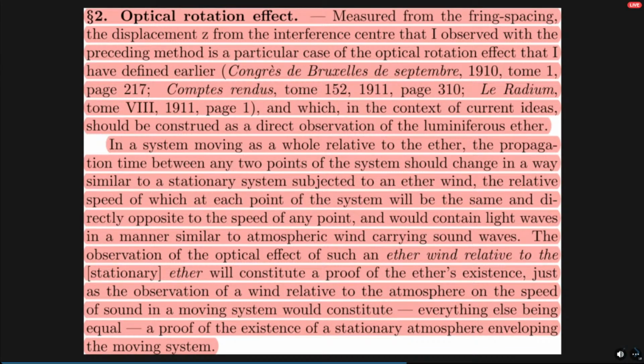The observation of the optical effect of such an ether wind relative to the stationary ether would constitute a proof of the ether's existence, just as the observation of wind relative to the atmosphere on the speed of sound in a moving system would constitute, everything else being equal, a proof of the existence of a stationary atmosphere enveloping the moving system.